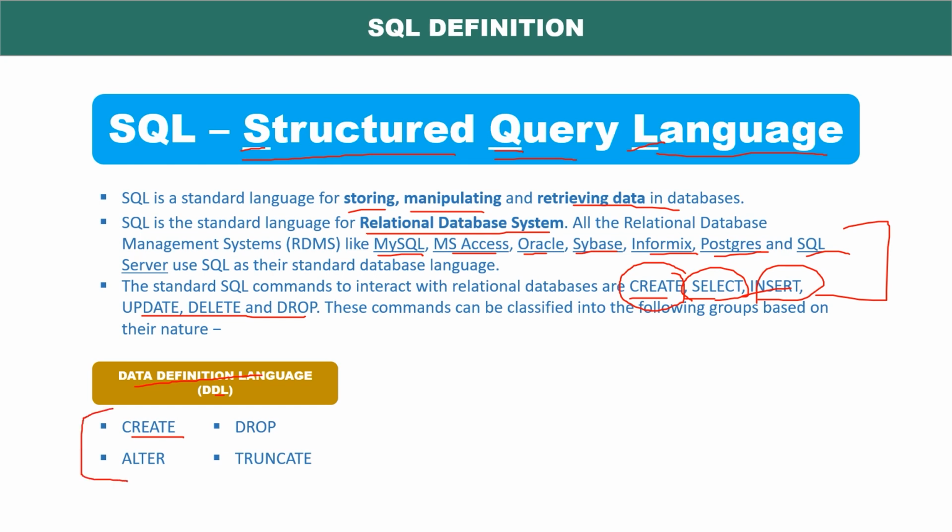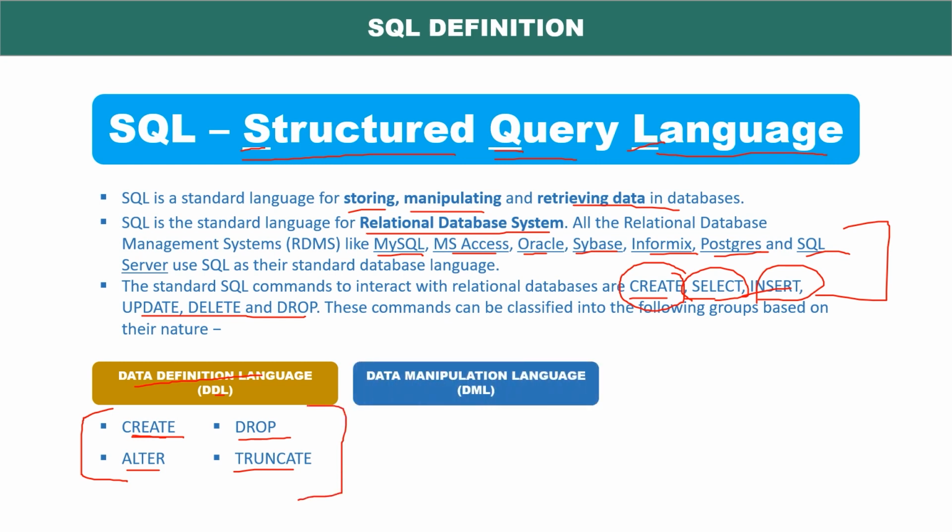Through create, you can create a particular table or a database. Alter is for when you want to change something in the structure of the table. If you want to delete the table, you can use drop. And if you want to delete the records but still want the table name to be there, you can use truncate. I will explain all these things.